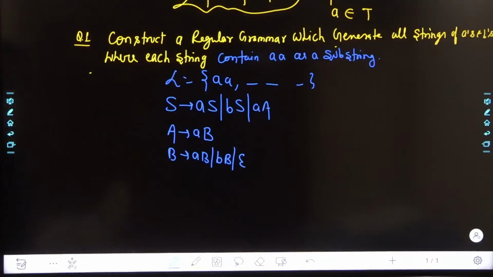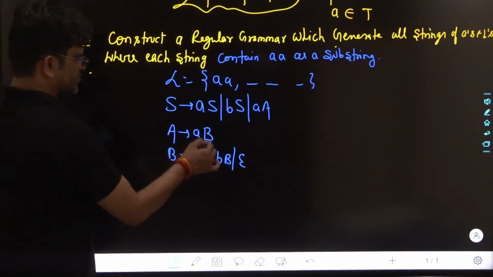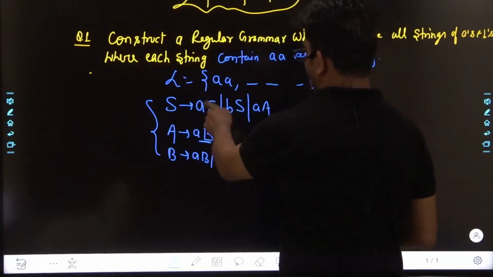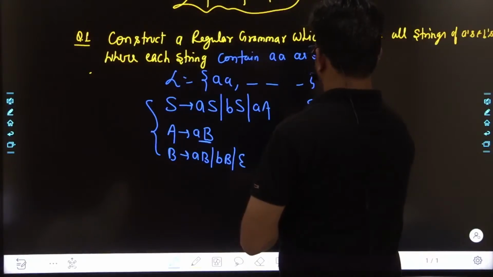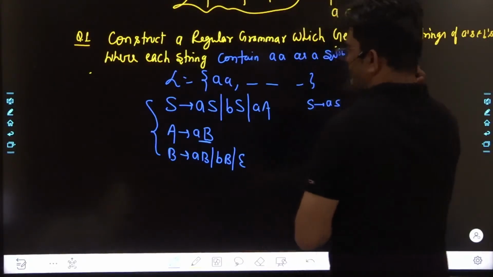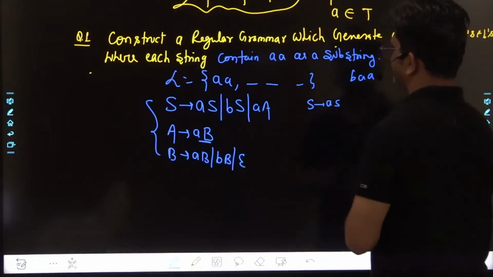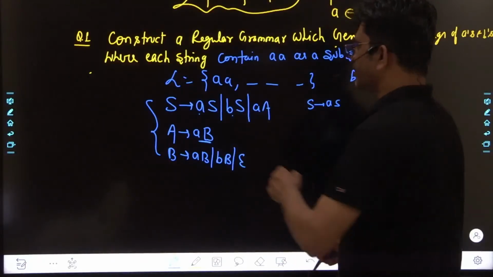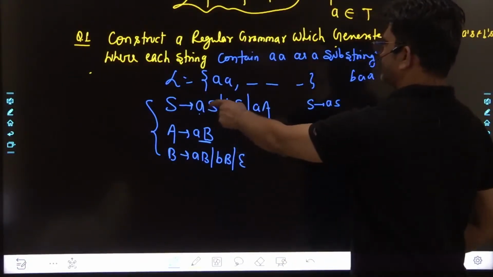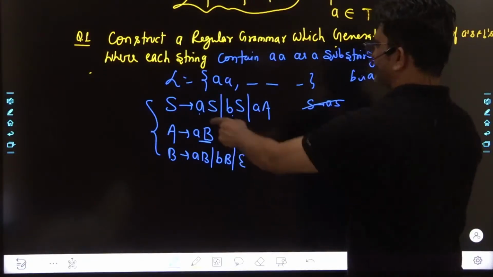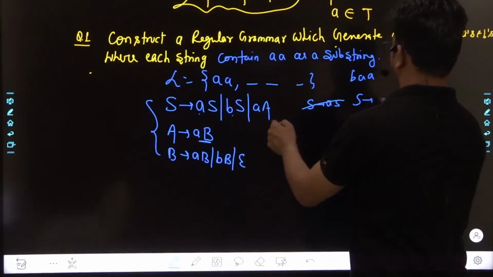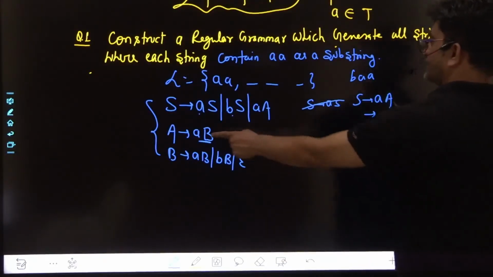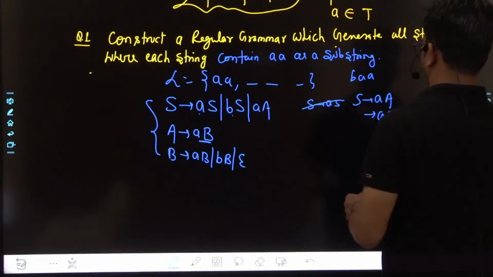So sir, why do we use this production? My dear friends, see, if I take S determines AS, this string is also present in this language. So either it starts with A or it starts with B. If I want to generate double A, then we take this production. Instead of A, we replace AB.